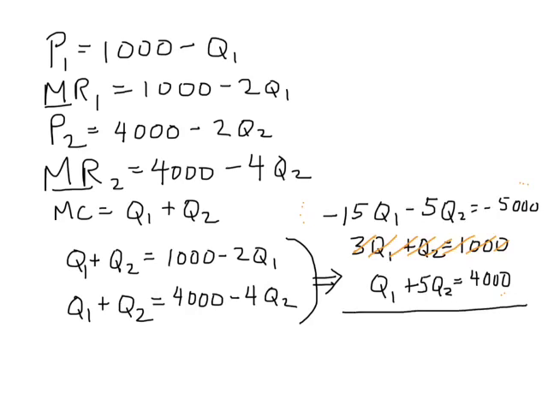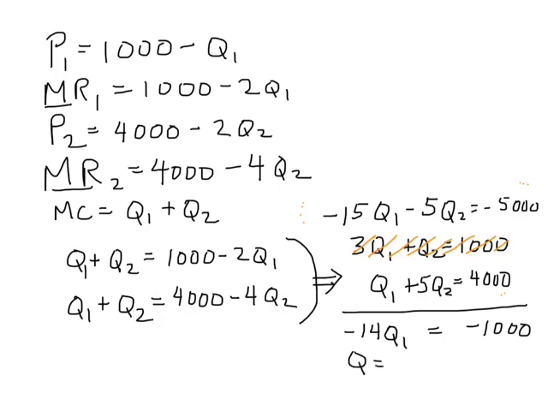All right, so the negative 5 Q2 plus positive 5 Q2, that drops out. Negative 5,000 plus 4,000, I get negative 1,000. And I get negative 15 Q1 plus positive Q1 is negative 14 Q1.